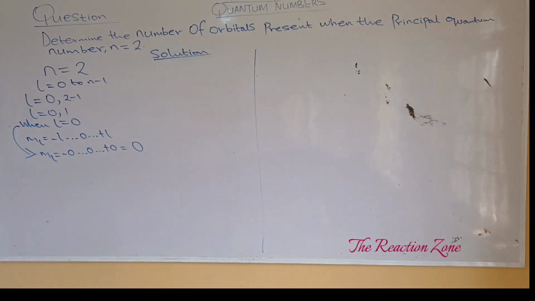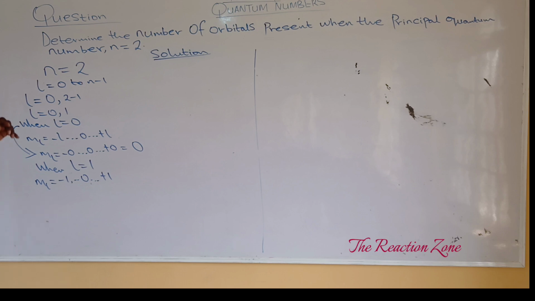So when l is equal to 0, the value of ml is equal to 0. When the value of the azimuthal quantum number, l, is equal to 1, the corresponding values of the magnetic quantum number, ml, will be minus 1, 0, plus 1.